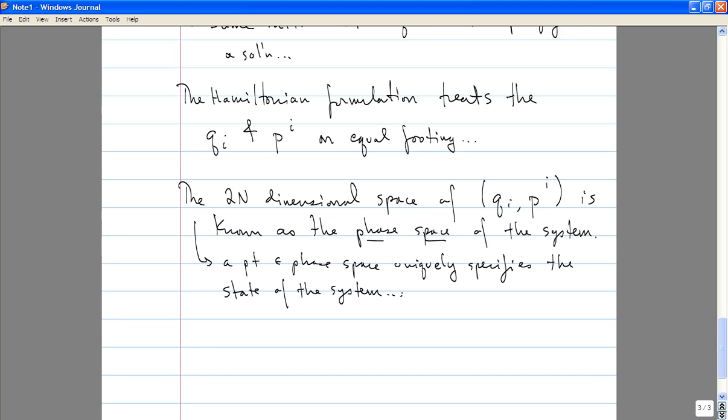And the Hamiltonian is a function of points in phase space. So it's a function of possible states of the system.